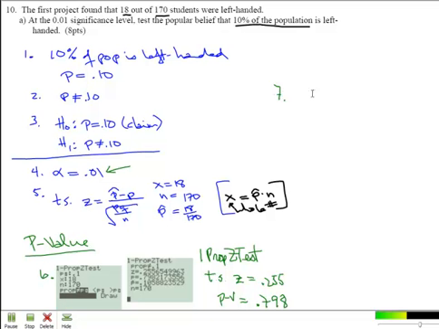Okay, in step 7, what we want to do is make our decision whether we're going to reject or fail to reject, and it's based on the p-value.